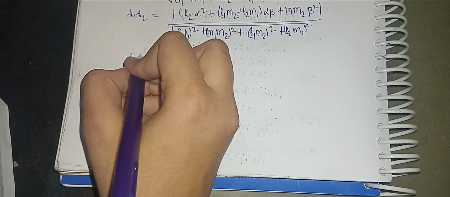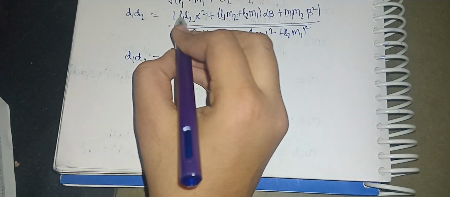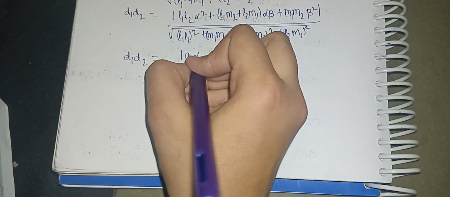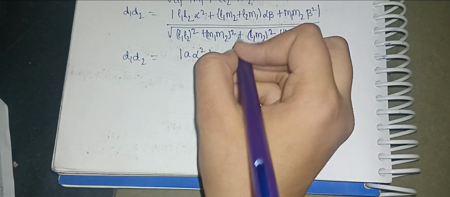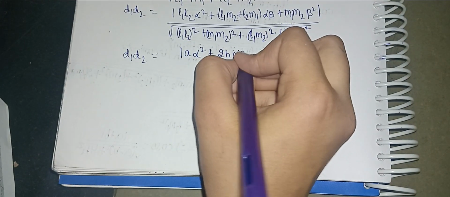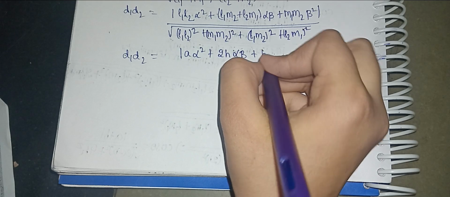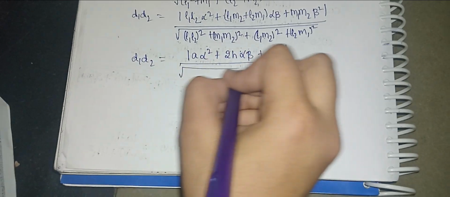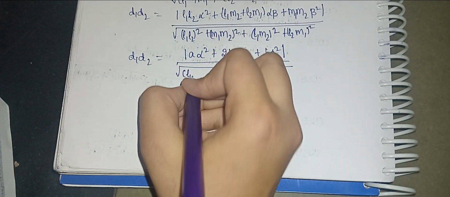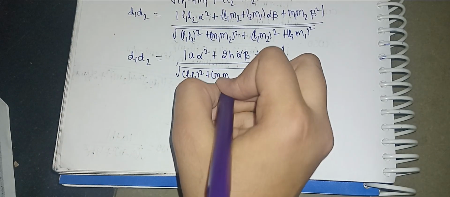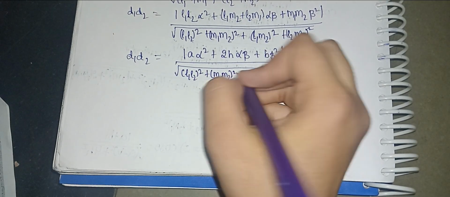Okay, D1 D2 is equal to A alpha square plus 2H alpha beta plus B beta square by root over L1 L2 whole square plus M1 M2 whole square.